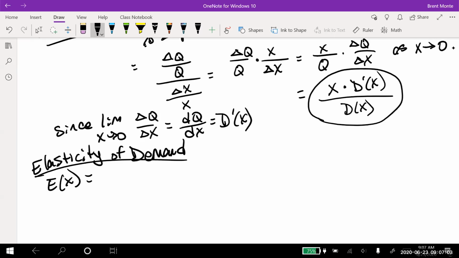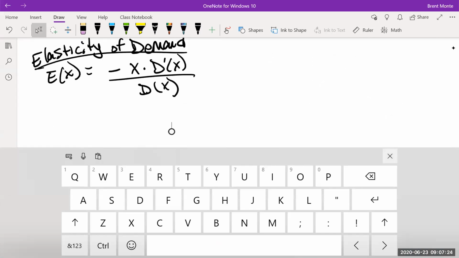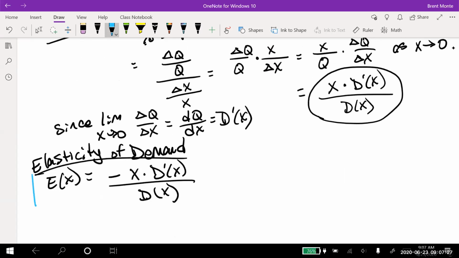Our author doesn't want it to be negative because then he has to worry about absolute values when he defines things. So he puts another negative in front of that to cancel out the negative from the D prime of X. And then he's going to list the formula as negative X times D prime of X all over D of X. That's going to be the formula for elasticity.